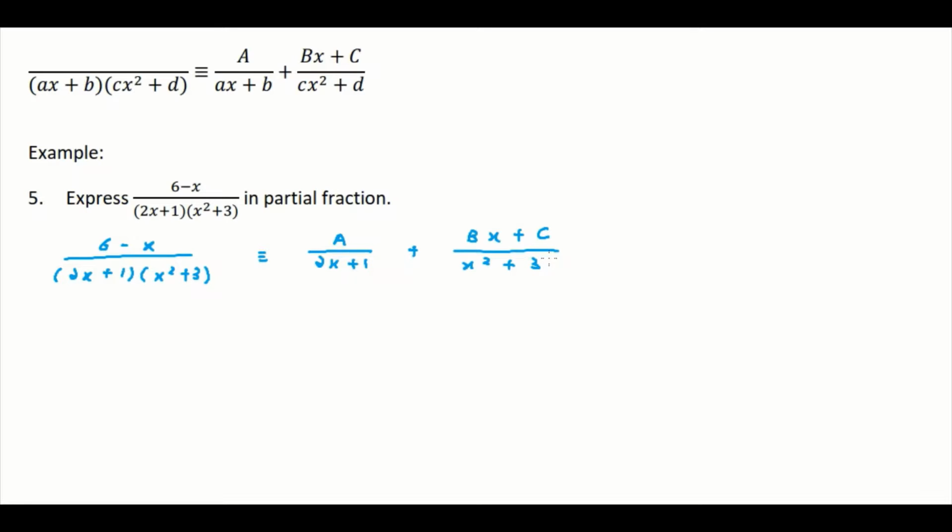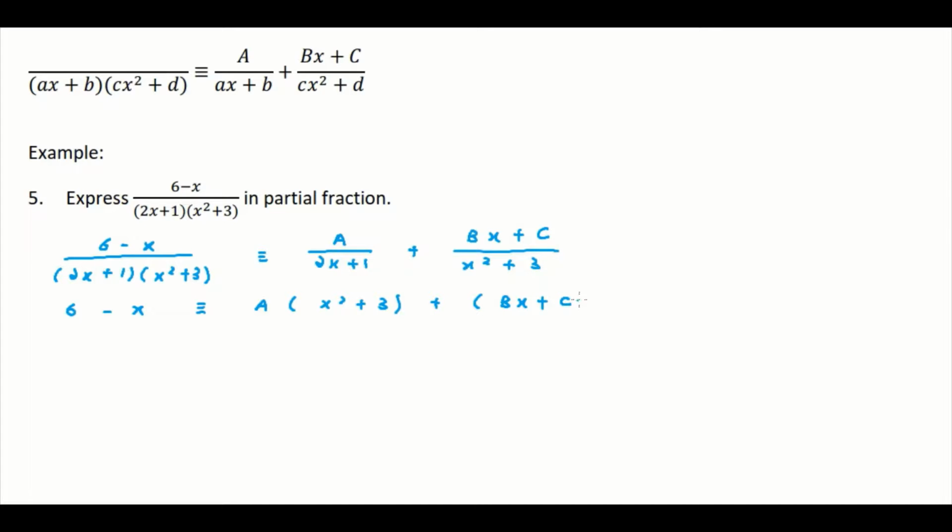You can continue by getting rid of the denominator. So 6 minus x equals a times x squared plus 3, plus bx plus c.